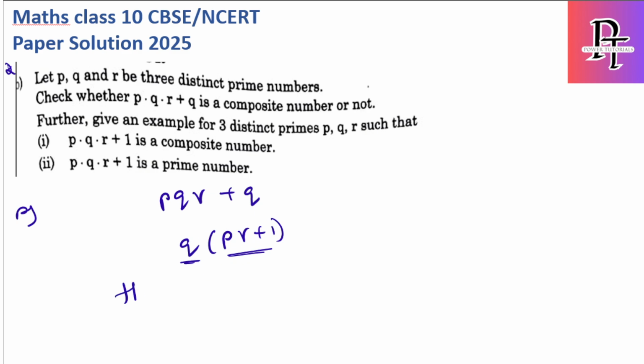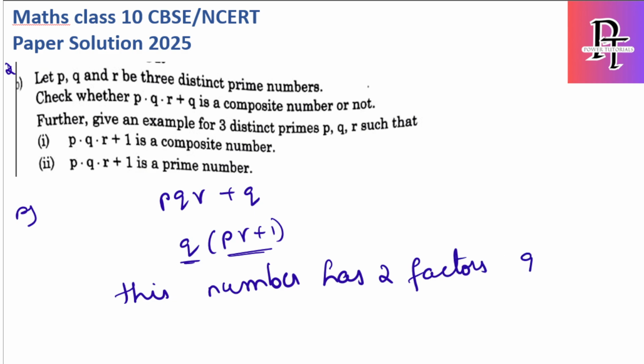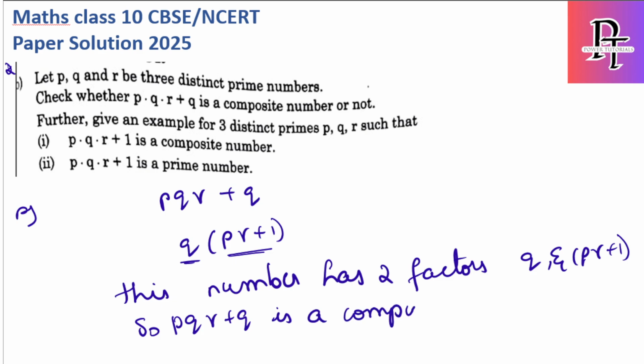So this number has 2 factors which are q and pr plus 1. So pqr plus q is a composite number. It is done.